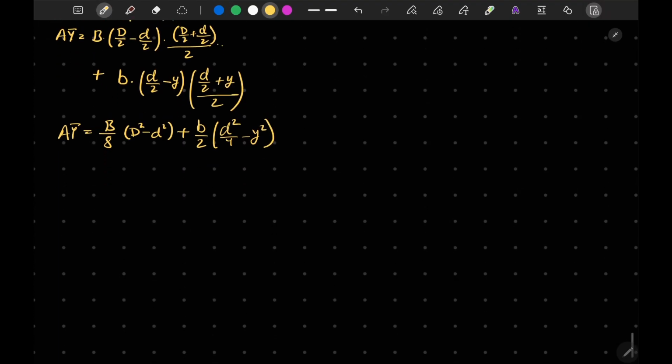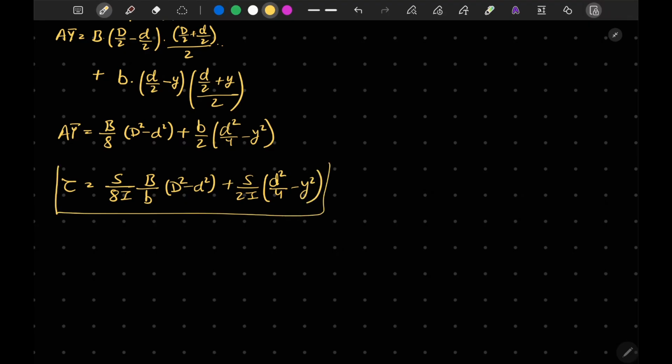Now if I substitute this in our tau equation and solve, we will obtain S upon 8I times B by b times d square minus d square, plus S by 2I times d square by 4 minus y square.